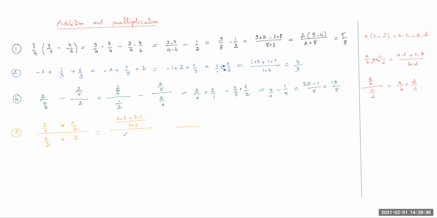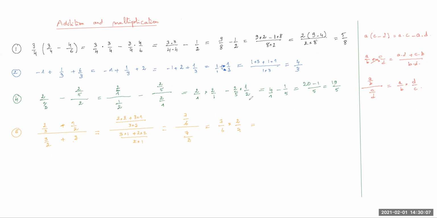This is equal to, and here we said I can imagine a 1, so 1 times 3, 3 times 1 plus 2 times 2 over 2 times 1. So finally I have a fraction here: 4 plus 3 is 7 over 6. And here I have 4 plus 3, 7 over 2. So it will be 7 over 6 multiplied by 2 over 7.